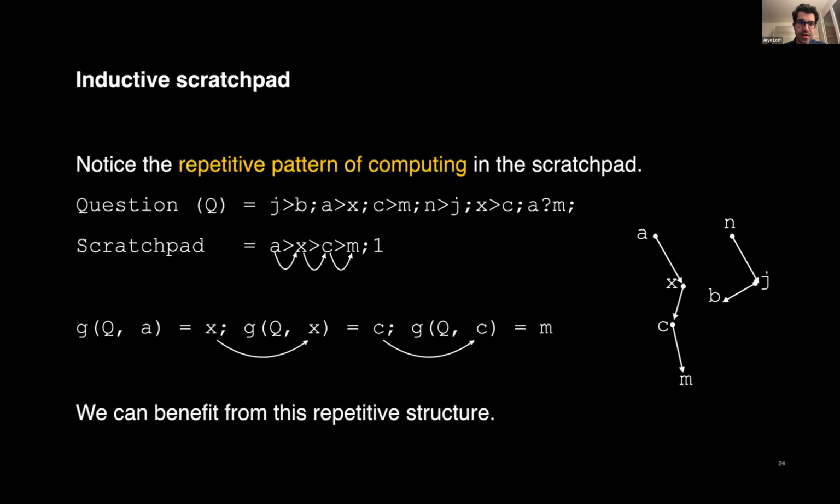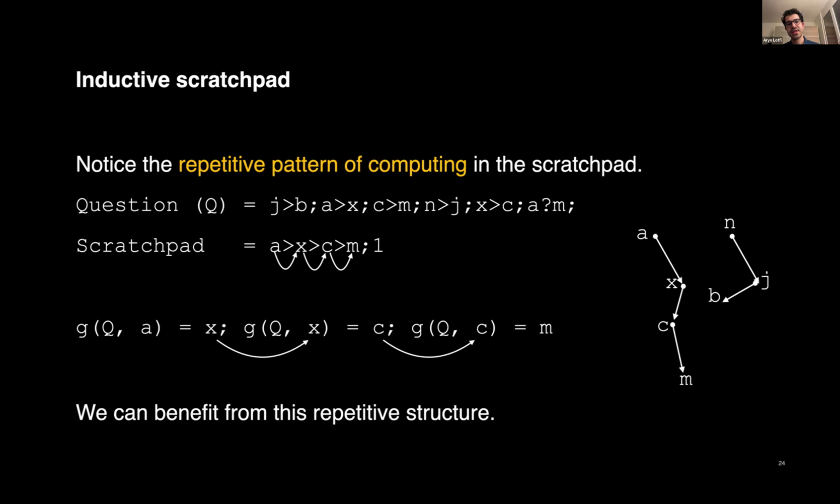And to solve this issue, we can notice that there is a repetitive pattern in our scratchpad. Given, for example, the question here, we have the scratchpad A goes to X, X to C, and C to M, and finally the label is 1.